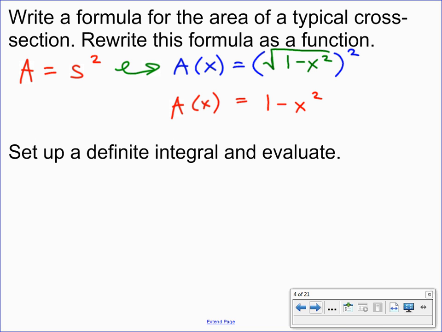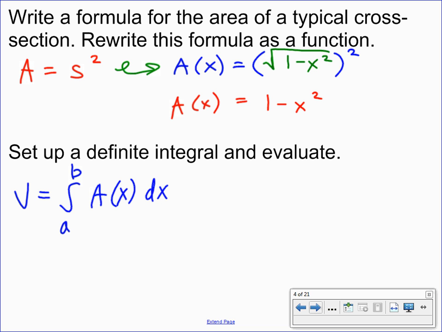What do we do? All right, so let's go ahead and set up a definite integral that would yield the volume of that solid and then evaluate. So here we go. In general, we know the volume V of my solid is given by an integral from a to b, the range of x values for where I can take cross-sectional slices, of my area formula times my infinitely thin width of each slab, the square slabs that we looked at.